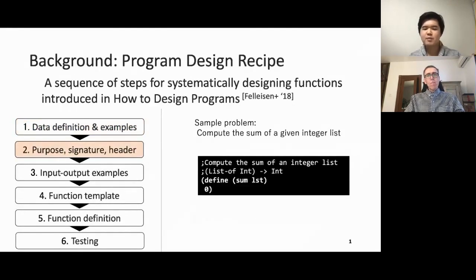Next, we write the purpose, signature, and header of some function. Here the purpose is to compute the sum of an integer list. The input type of sum is list of int, and the output type is int. The header of the function is a definition with a dummy value, which in this case is the integer 0.